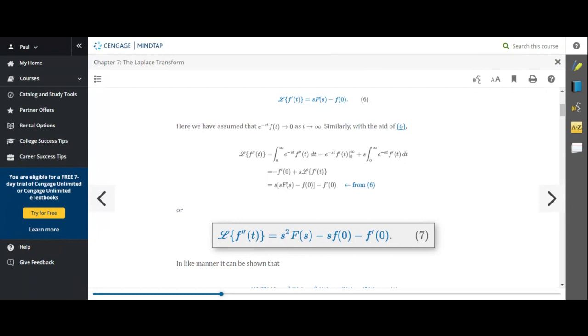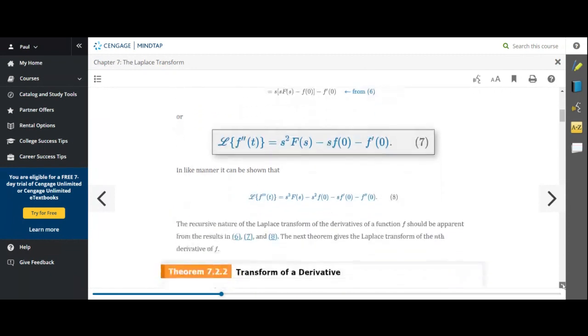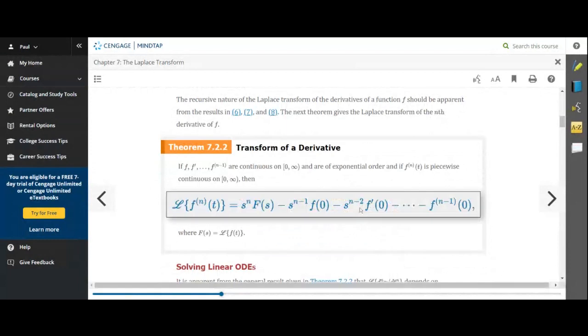Zachary has a good question. In the previous formula, this means the nth derivative. That's correct, Zachary. You're finding the Laplace transform of the nth derivative of t. That's exactly right.